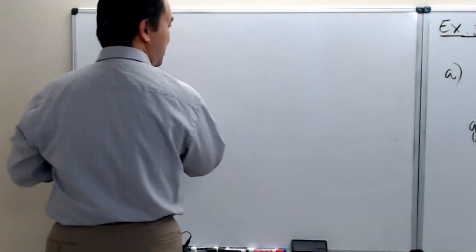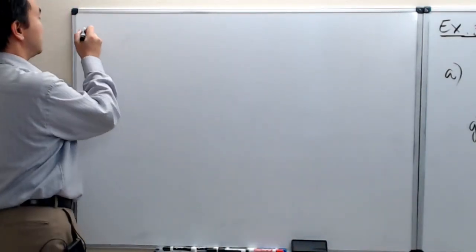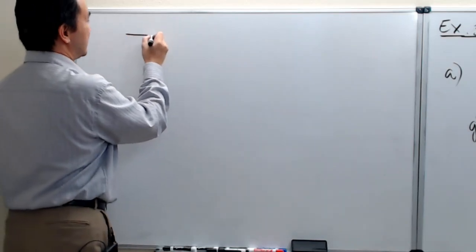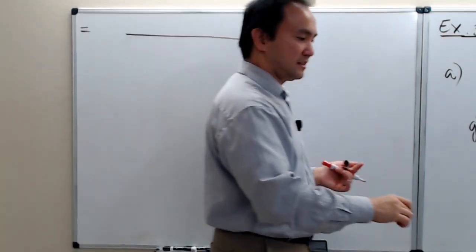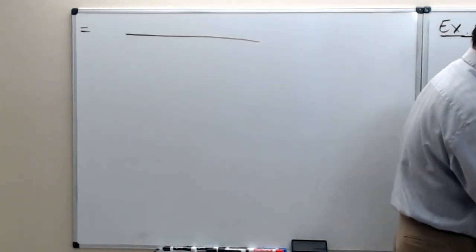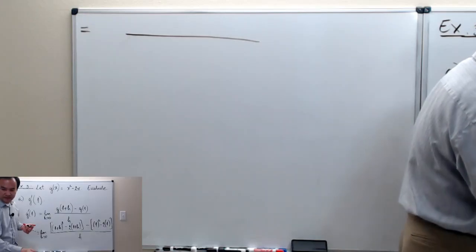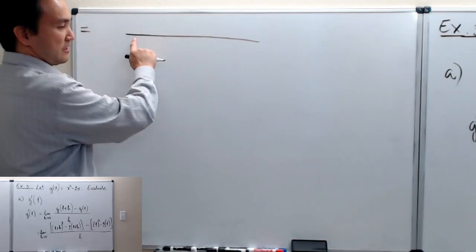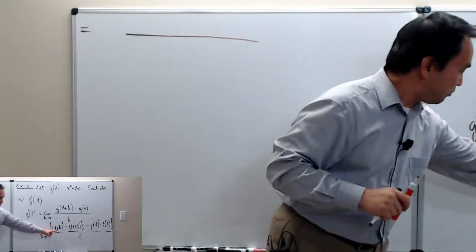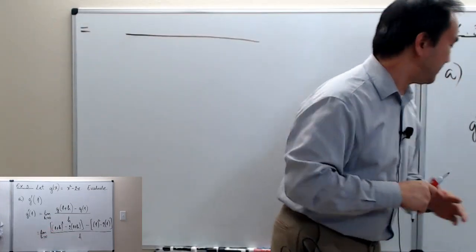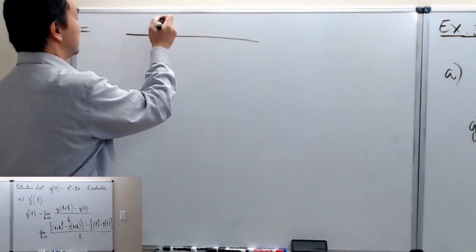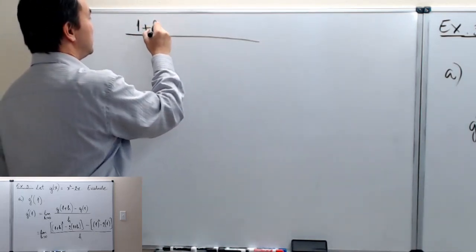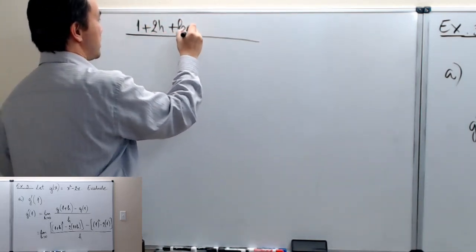All right, so in my next step, carrying on from the previous step, it's also a good idea if I can show part of the other board, part of our screen here. So from the previous step, now the x plus h all squared can be rewritten as 1 plus 2h plus h squared.